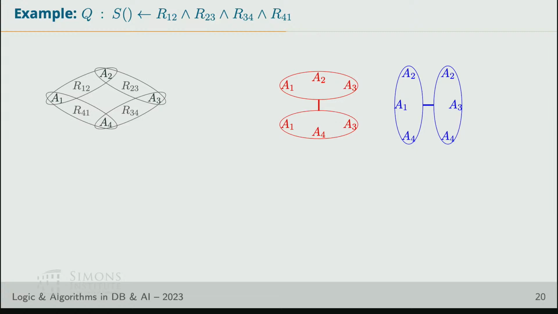You cannot do both. But if you do that, then you will get quadratic time, because no matter which variable you eliminate, you have a cross-product-like join. And if A3 is a very heavy degree vertex, then you will join all of its neighbors with all of its neighbors. So then you get quadratic size.